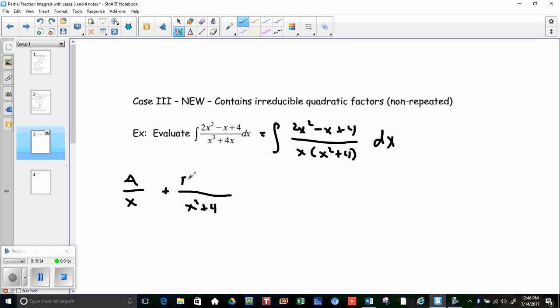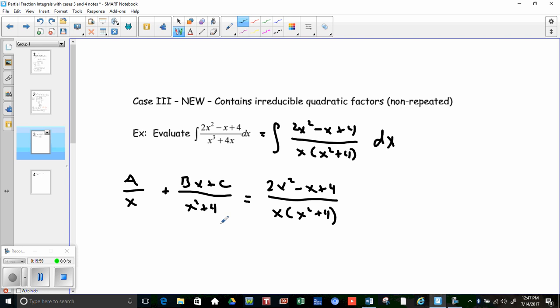It actually becomes bx plus c. And that's the way it's going to work with a non-reducible quadratic factor, like this one is. And of course, that has to equal the entire numerator of the original over the denominator of the original.